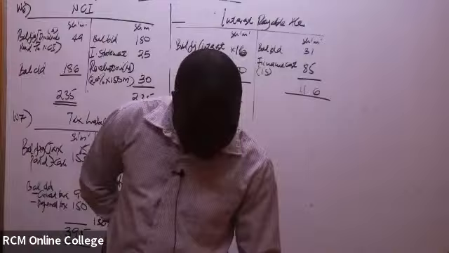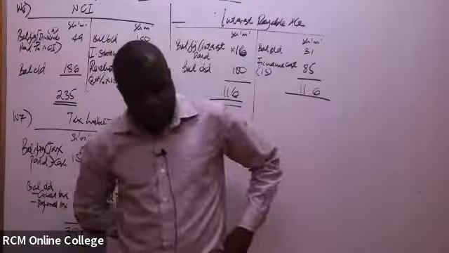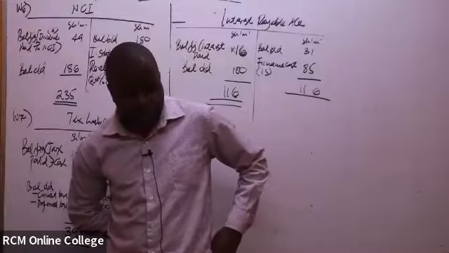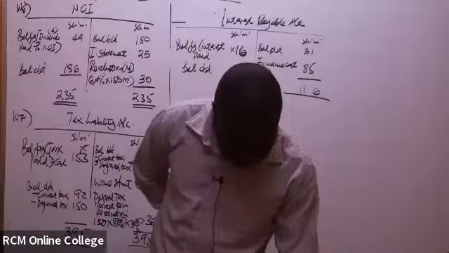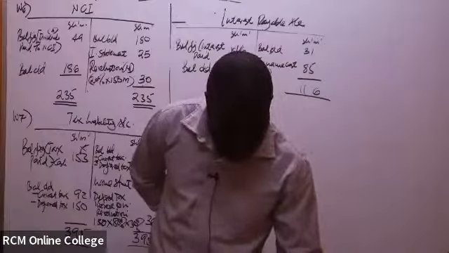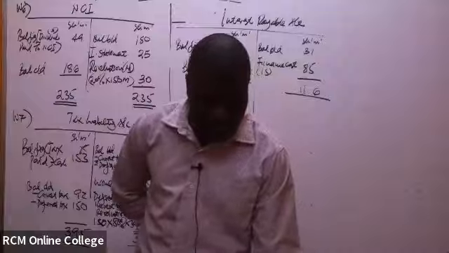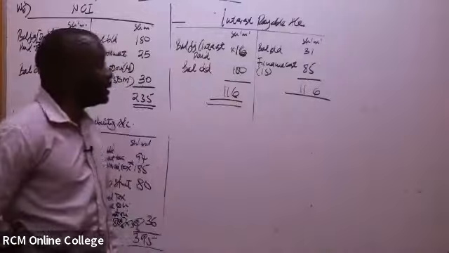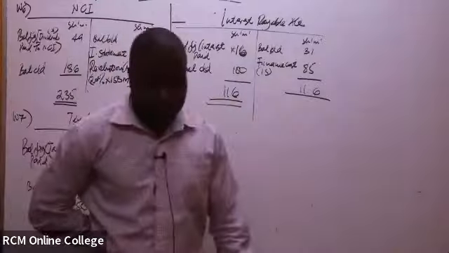So if you look now at the statement of changes in equity, there's an item of dividend paid of 80. I don't know whether you can see it there.